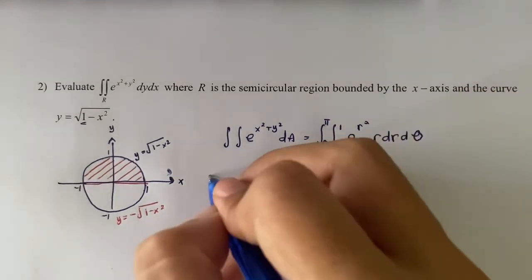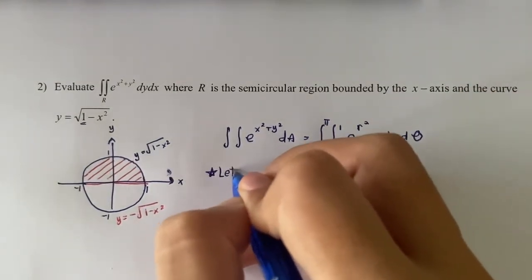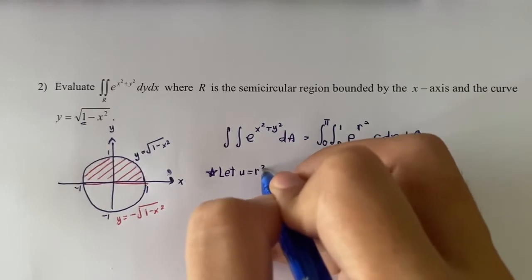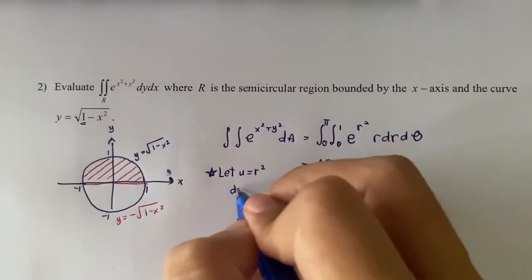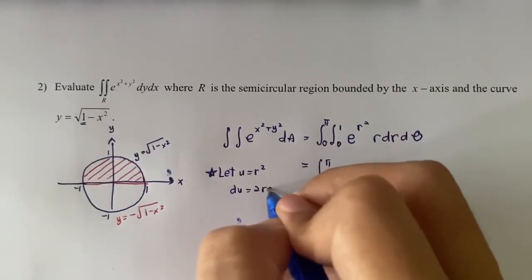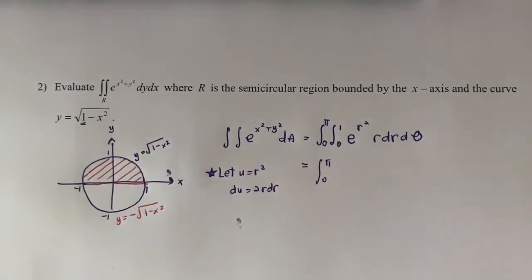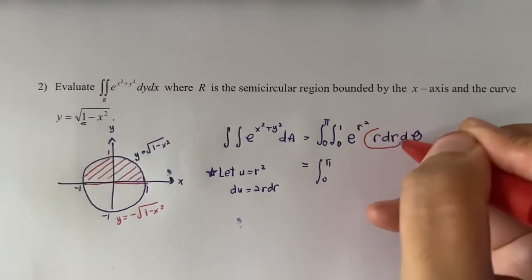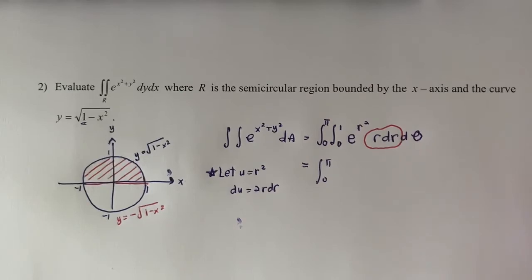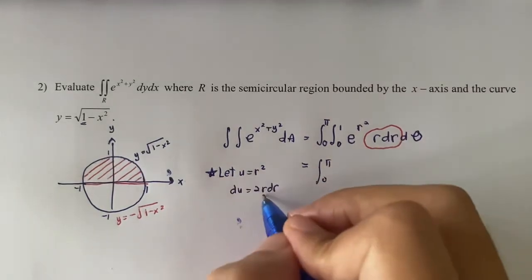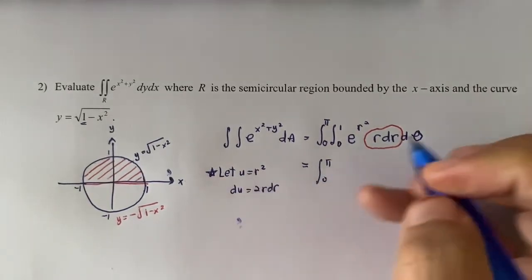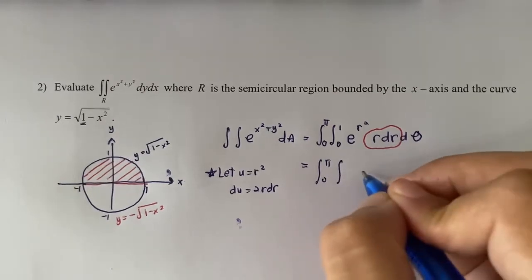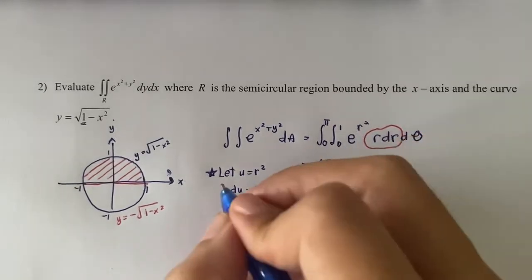Okay, so let u equal r squared. So du is equal to 2r dr. Okay, so r dr here, substitute with du. So for r dr we have du over 2. So you have e to the r squared, now it is e to the u.